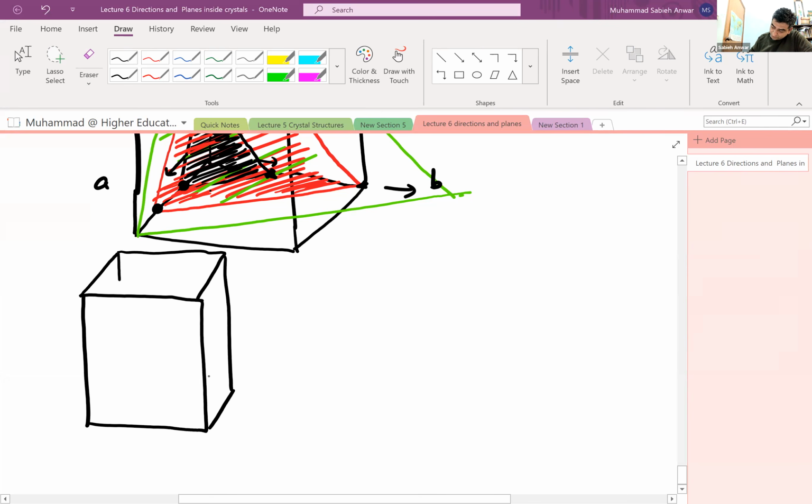it's not a nice cube, but nevertheless. My OneNote is behaving really strange. It's not allowing me to draw anything at the moment. Sorry about that.